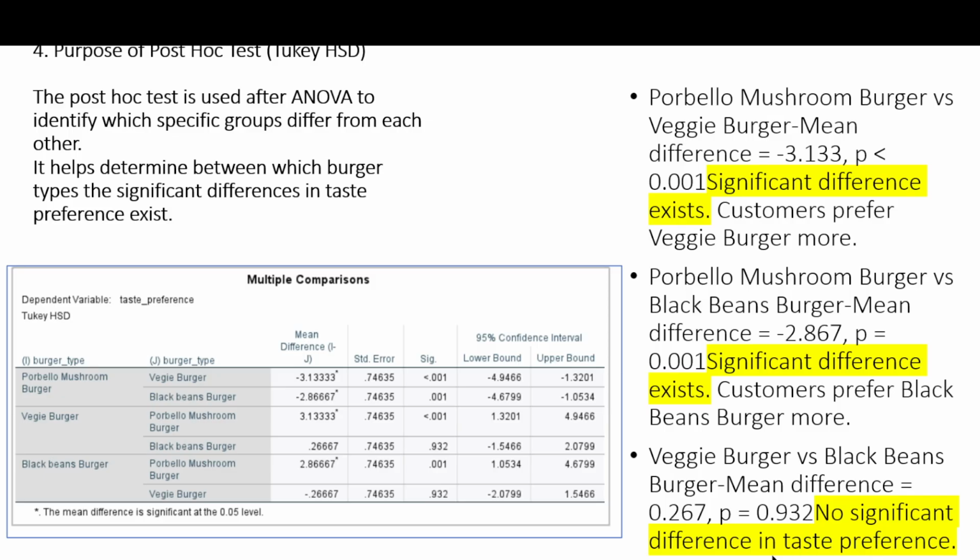It means no significant difference exists in the taste preference for this particular pair. So the post-hoc analysis gives you a pairwise comparison between all possible pairs of independent categories in the experiment.